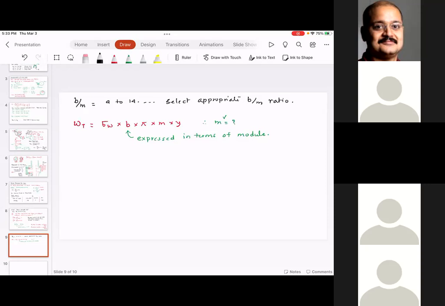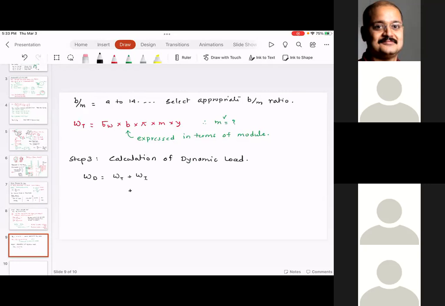The next step, step 3, is calculation of dynamic load. The dynamic load WD is equal to WT plus WI.